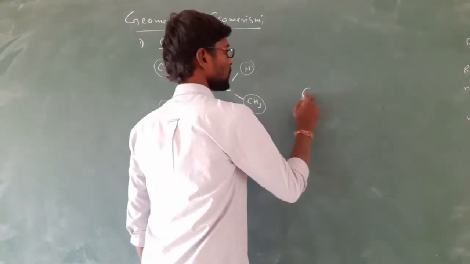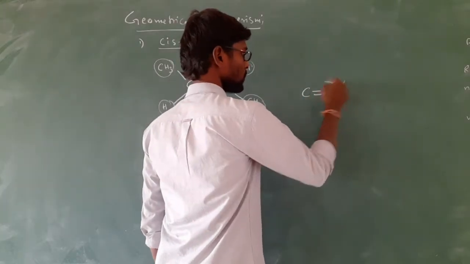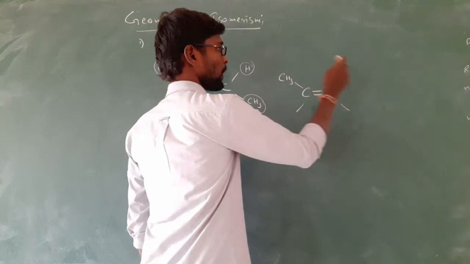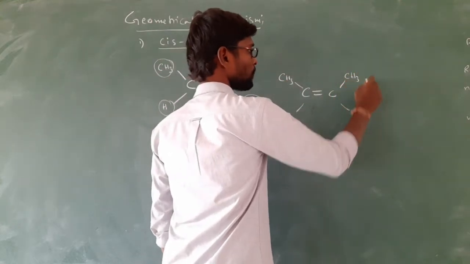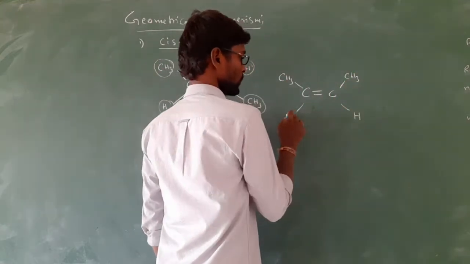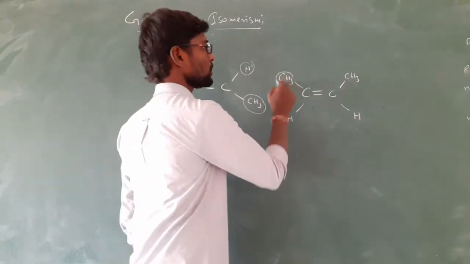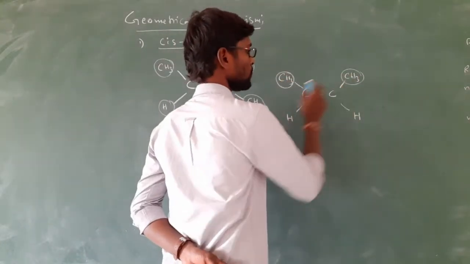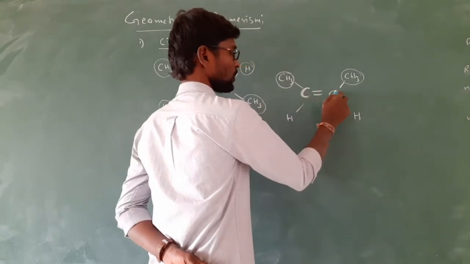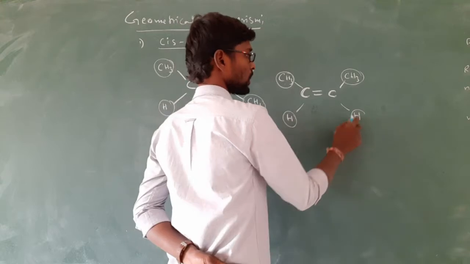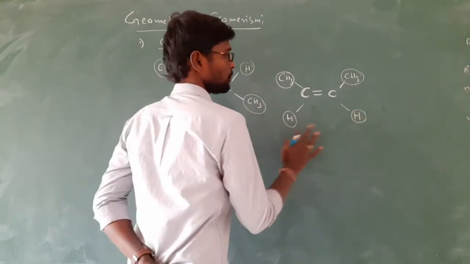Again I am writing C double bond C. On these two carbons we have a CH3 here and again a CH3 here, and H here and H here. If you observe this molecule, the two CH3 groups are on the same side, and both the hydrogens are on the same side.